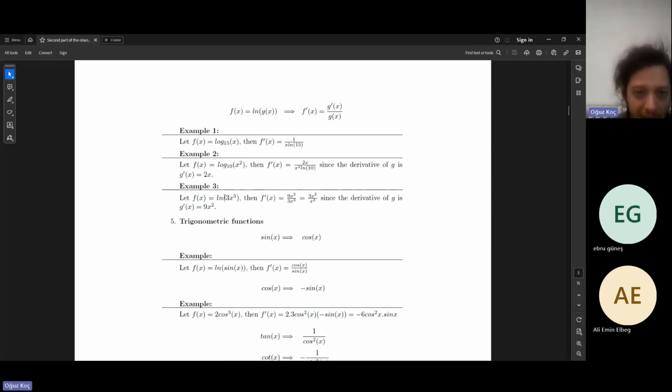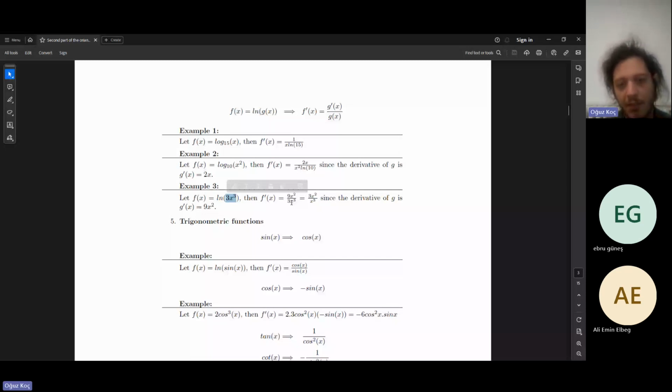And we have the ln example, a natural logarithm example. It is very similar, just we get rid of the natural logarithm part here, and it's equal to the derivative of g of x, which is 3 times x squared.